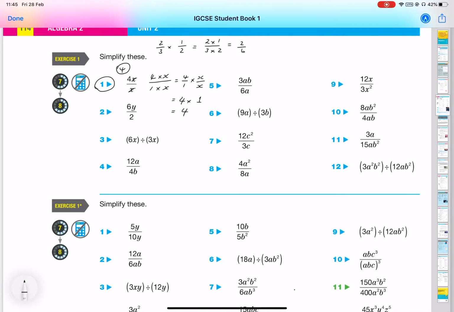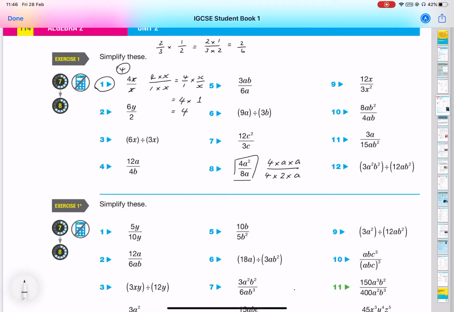Okay. Now, I'm going to do a slightly more tricky one. Let's do this one here. Question number 8. I'm going to write 4 times a over 4 times 2 times a.